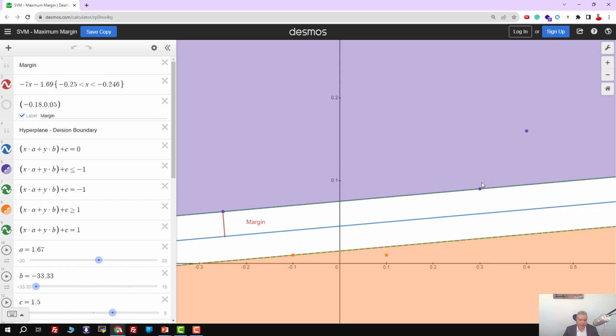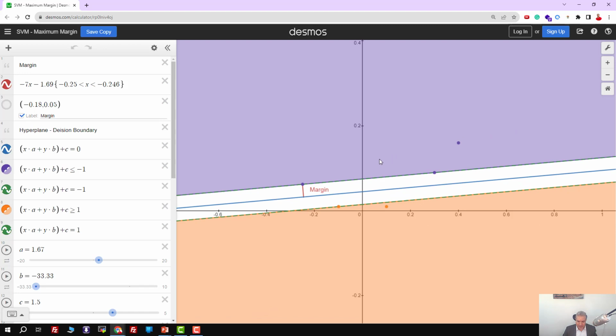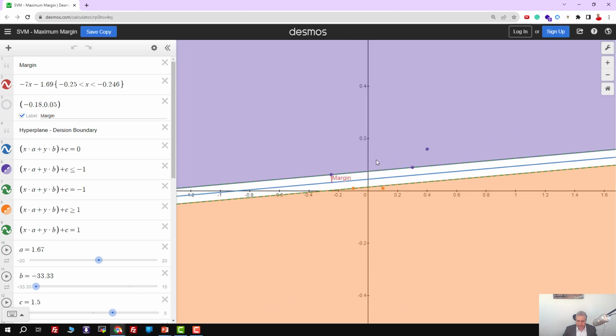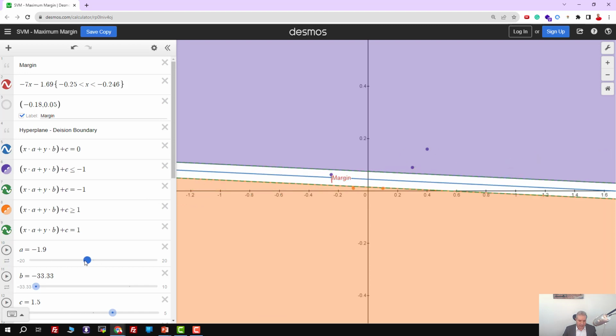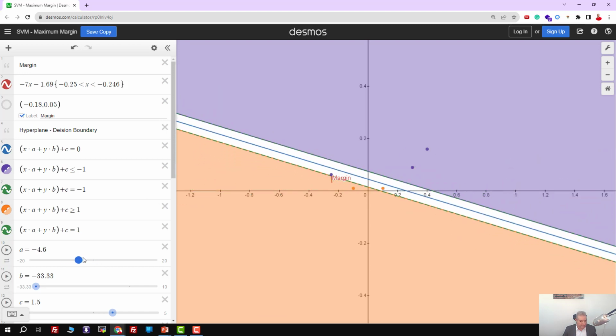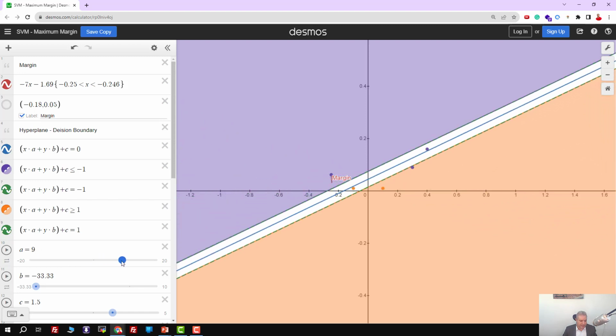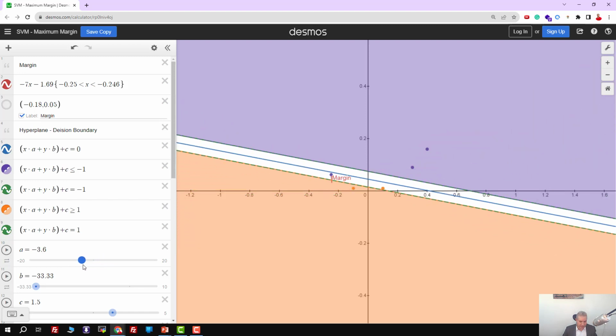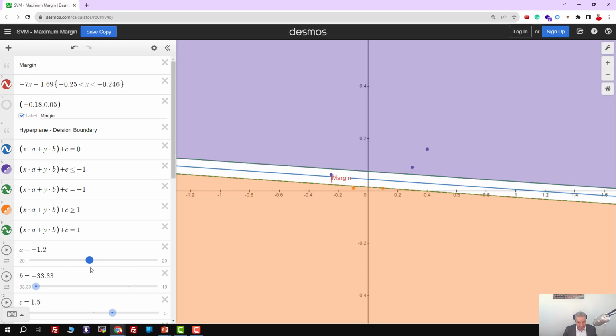You can tweak them and see how the support vector machine is working. Let me just zoom in. As you can see, we are tweaking the slope so we can achieve the best one, which separates the data.